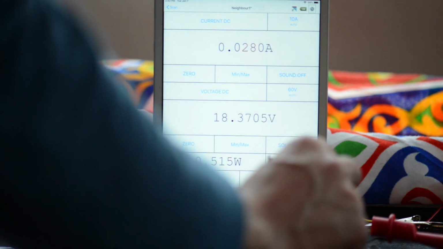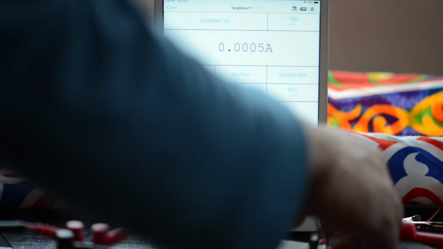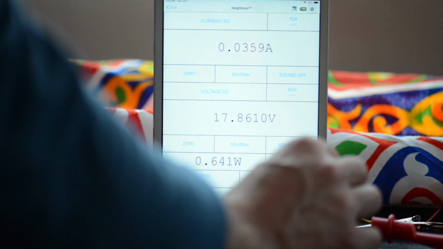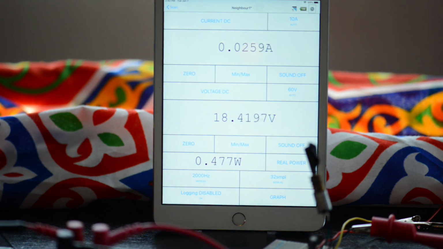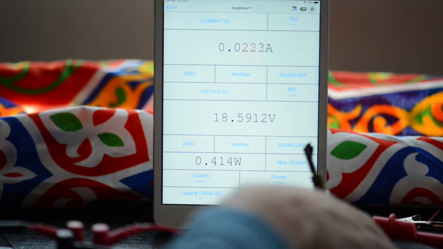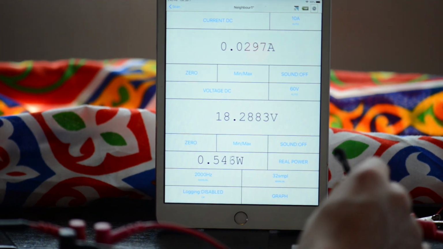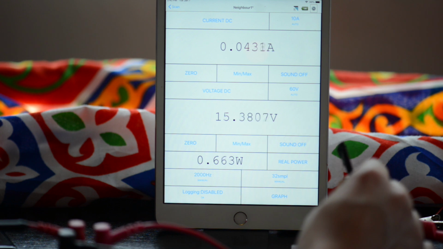So now when I press down on the gears, we can see the voltage is dropping, but the current is rising much faster. Therefore, the power is increasing.